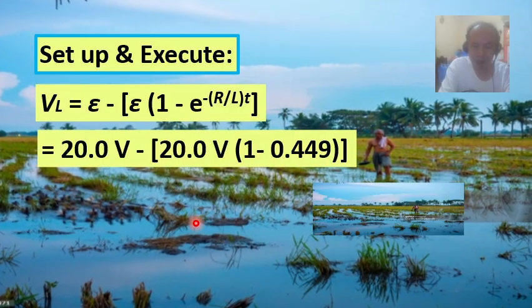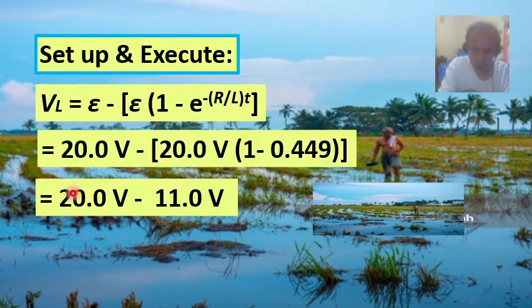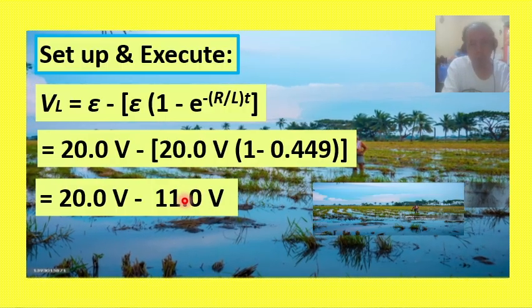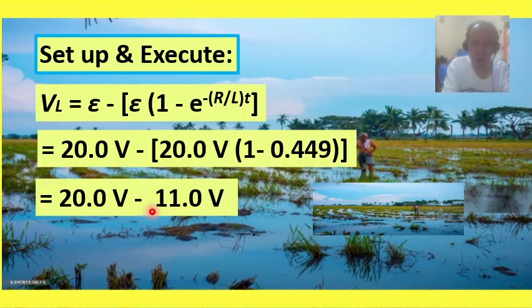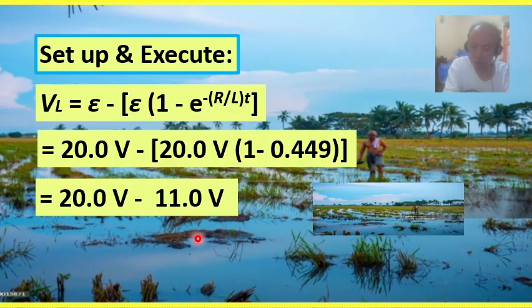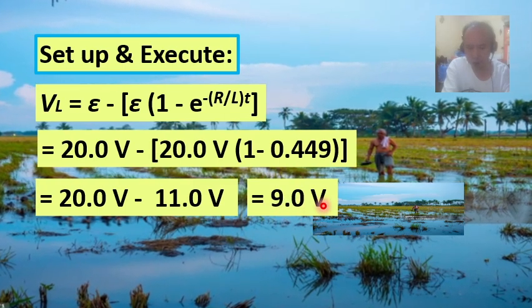So when you do your math, we first have this simplified equation, V sub L equals 20.0 volts minus 11.0 volts, which of course is equal to 9.0 volts.